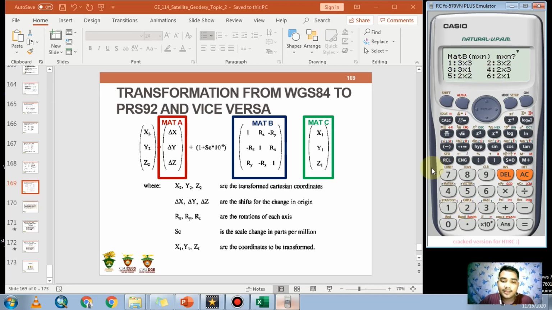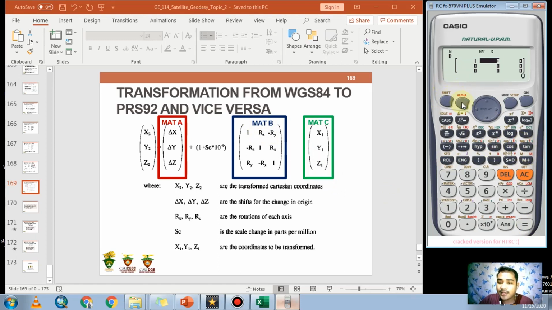Matrix B na to is 3 by 3, press 1. Alright, so ato na din ibutang dari ano kaninga matrix. So 1 equals, ang ato ang rotation Z is naa sa memory F, no? Recall alpha F.